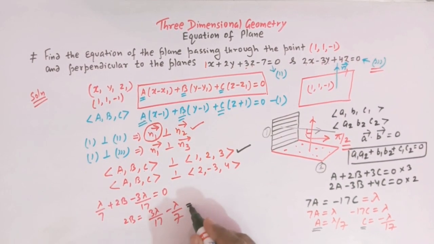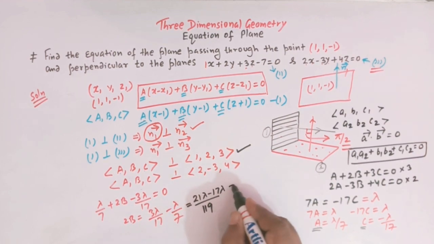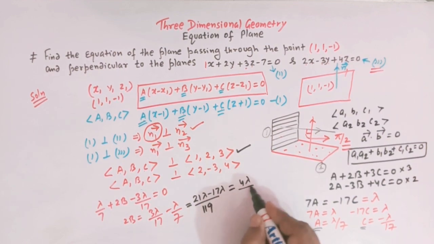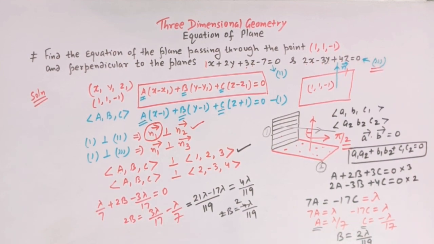So now if we take the LCM here, so 17 times 7 is 119, and then we have here 21 lambda minus 17 lambda, and here we have 4 lambda over 119, right? So 2b is equal to 4 lambda over 119, and this 2 and this 2 get cancelled here, so we have b is equal to 2 lambda over 119, right?